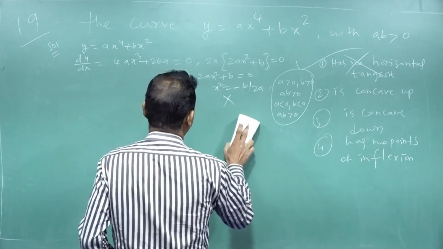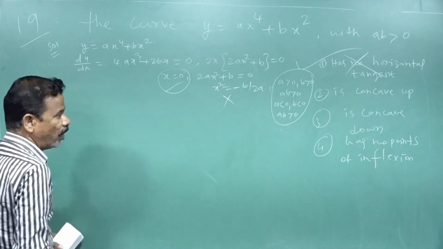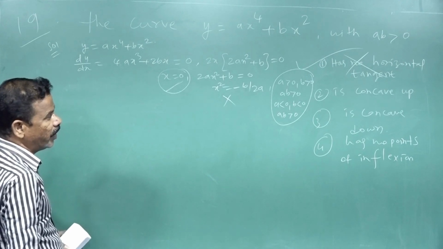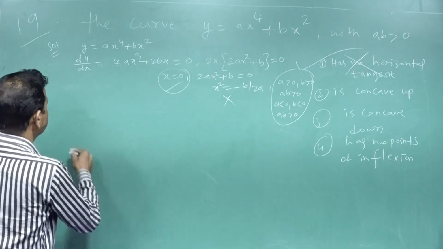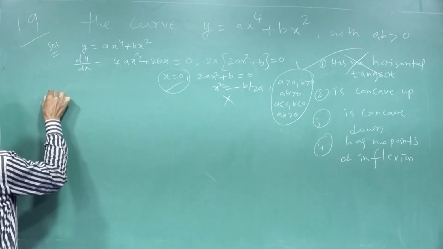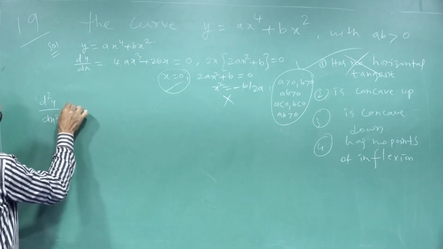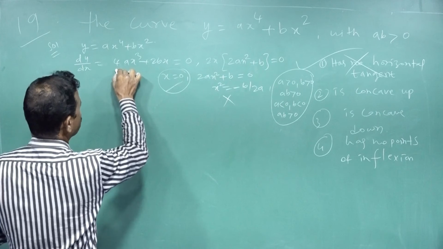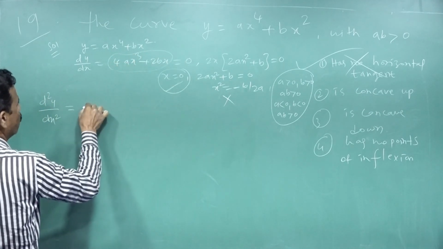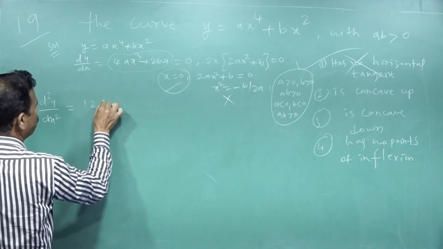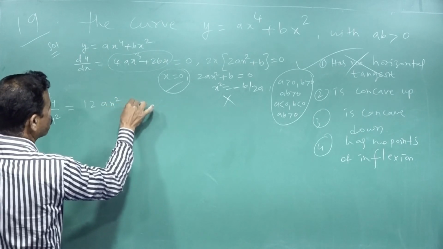Next, for the concave up and concave down, we differentiate again, the second derivative. D square y by dx square is equal to, considering the first derivative, again 4 into 3, 12ax square plus 2b.